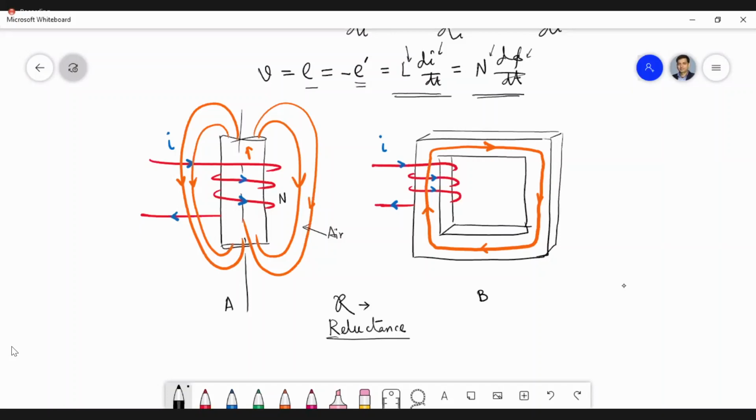Therefore, we'll get better flux, more amount of flux. So that is the difference between these two. To have a good amount of flux, we prefer the second configuration. You understood why we are preferring the second configuration?